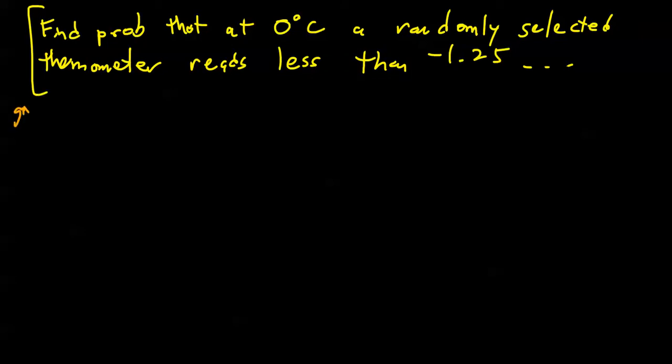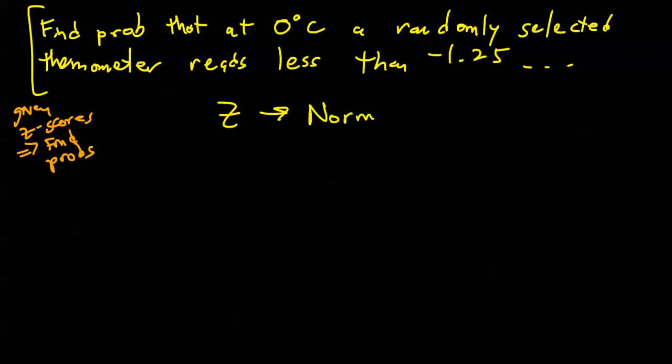Again, here we're given z-scores, or limits for z-scores, and we are asked to find probabilities. Of course, as we know, our thermometers follow a standard normal distribution with a mean of 0 and a standard deviation of 1.